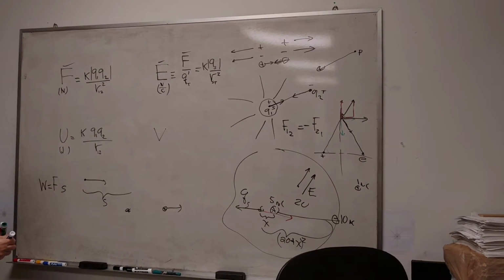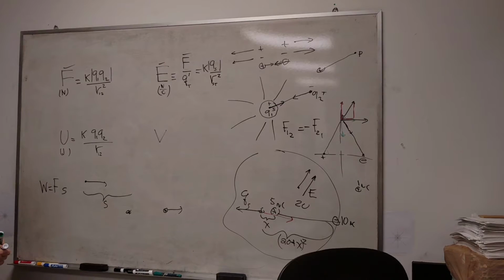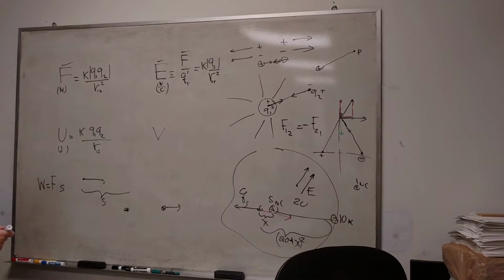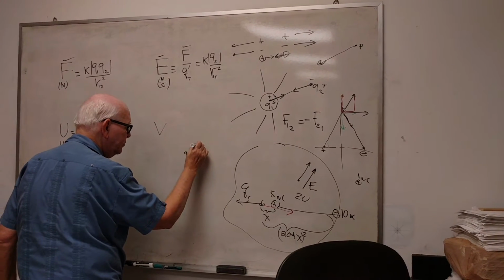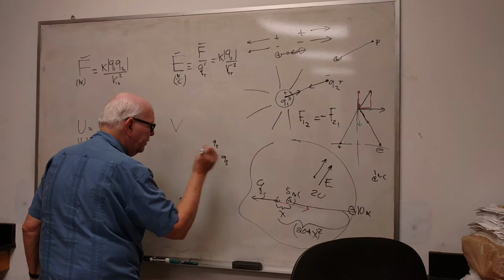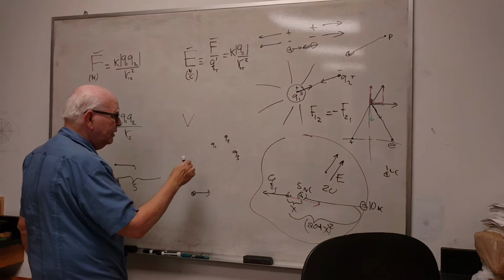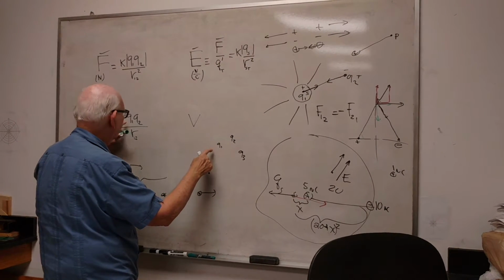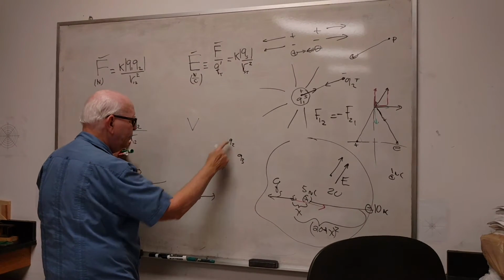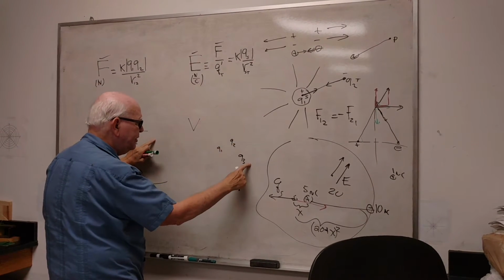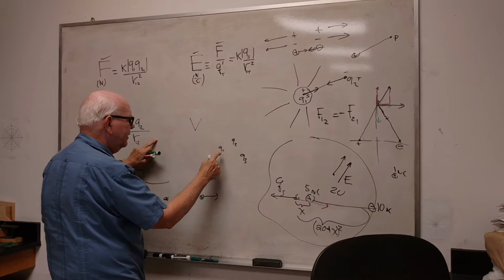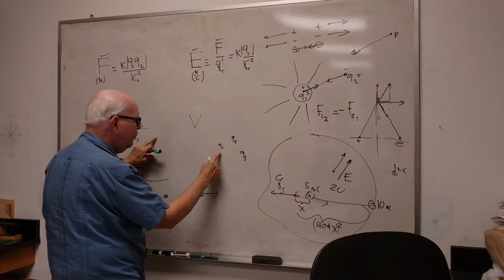What if we have a system with three charges? Q1, Q2, Q3. Well, the potential energy is just the sum of the potential energy of each pair: Q1 Q2 divided by R12, plus Q2 Q3 divided by R23, plus Q1 Q3 divided by R13.